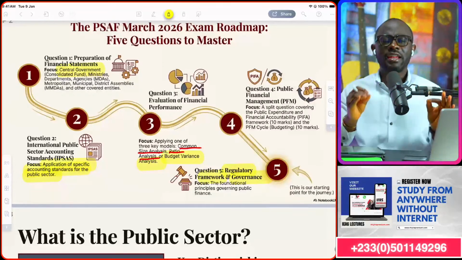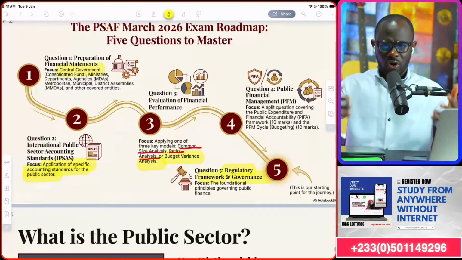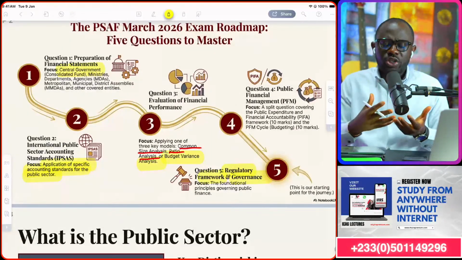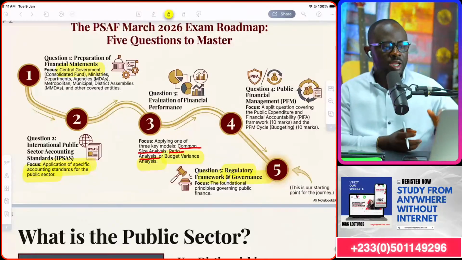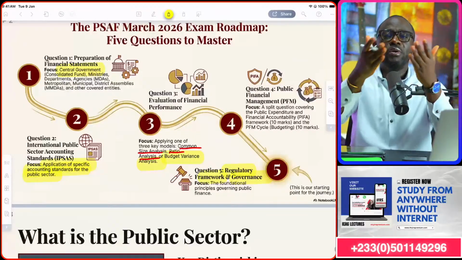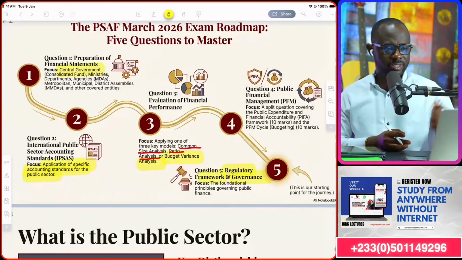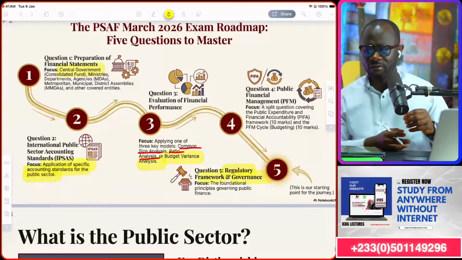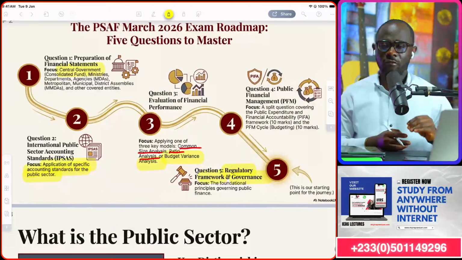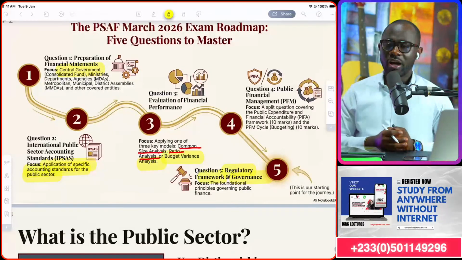The question then is, what are the things you have to focus on? What are the things which, when you get right, the whole public sector syllabus and the examination will be easier for you? Yes, we have preparation of financial statement. We have the IPSAS. We have evaluation of financial statement. We have PFM. We have the budgeting issue. We have the governance issue.